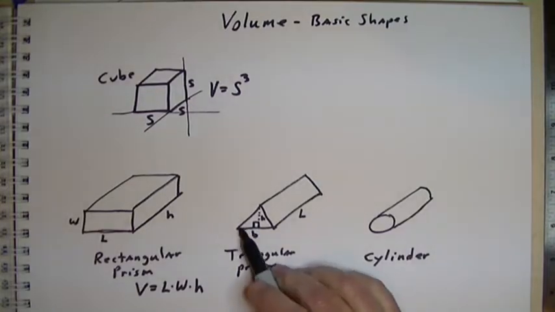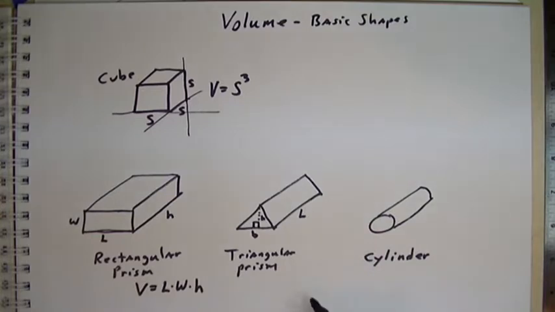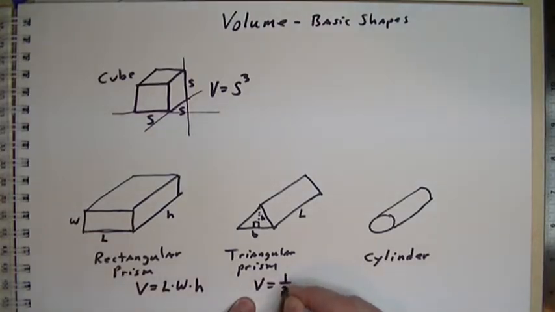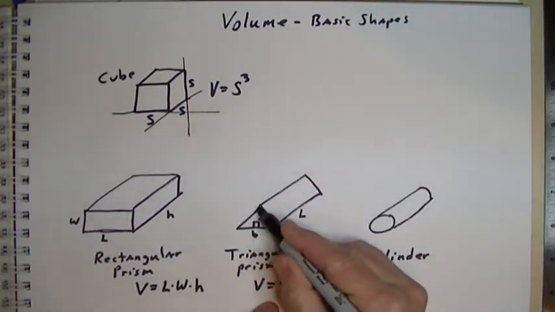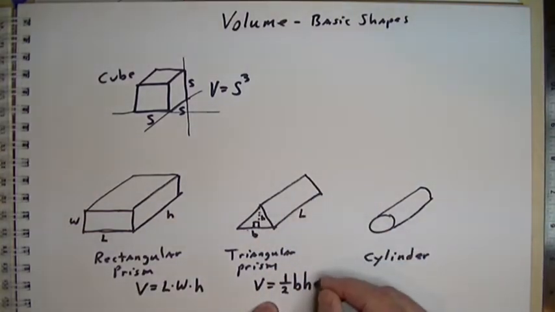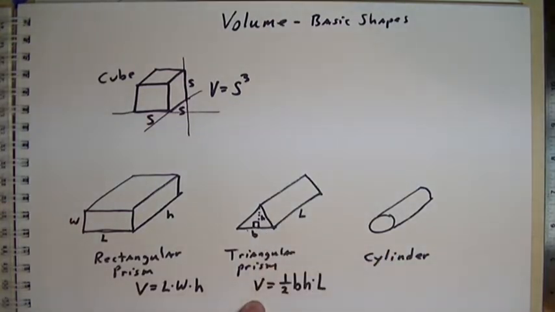We find the area of the end of this shape, which is a triangle, and the area is simply 1/2 the base times the height. Then we take that area and multiply it by this third dimension L, and we'll have the volume in cubic units of the triangular prism.